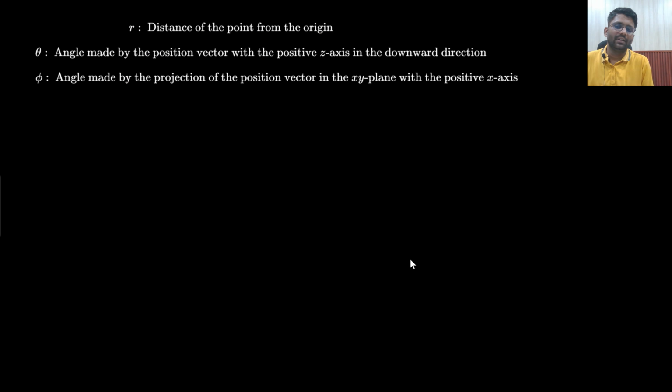This is what is written. What is r? R is the distance of the point from the origin. What is theta? Theta is the angle made by the position vector with the positive z-axis in the downward direction. What is phi? Phi is the angle made by the projection of the position vector in the xy plane with the positive x-axis in the anti-clockwise direction. This is your r comma theta comma phi.